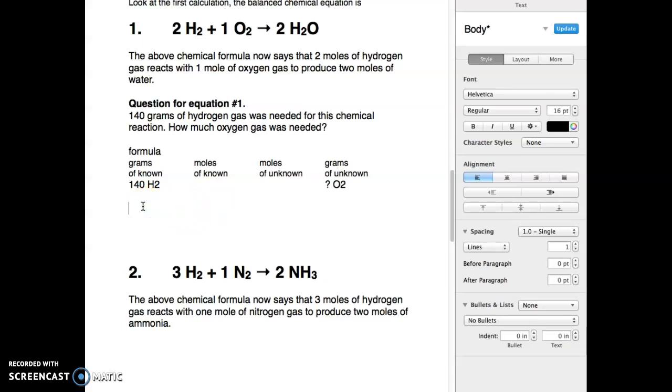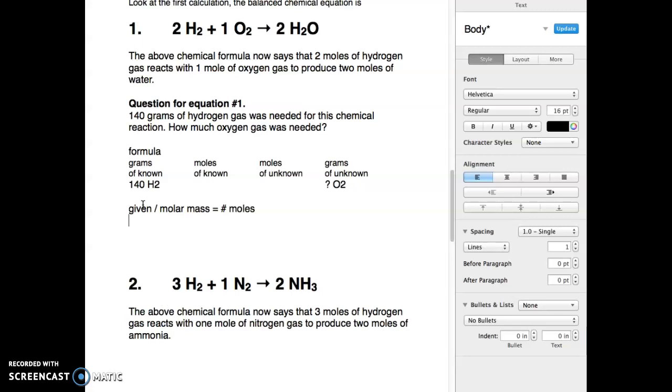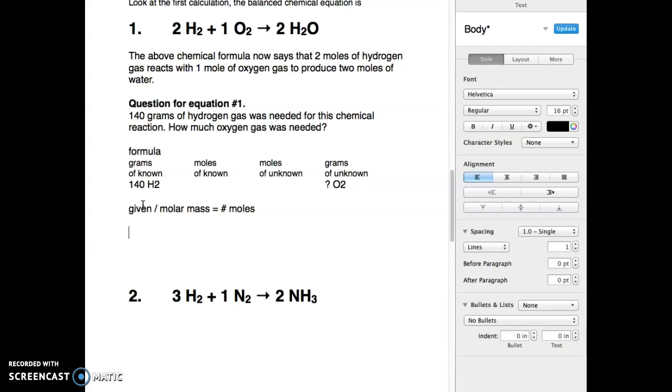What you have to do is you take the amount that's given and divide that by the molar mass to come up with the number of moles. So we're trying to find the number of moles of the known. You have the molar mass, you have to find that out, H2, we should already know that, 2 times 1.008 equals 2.016.